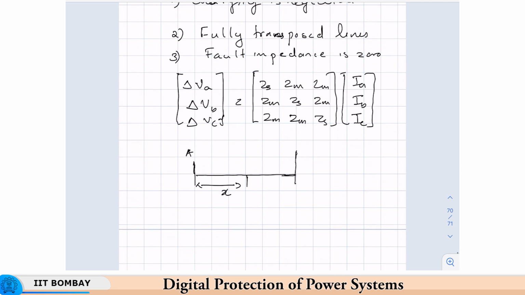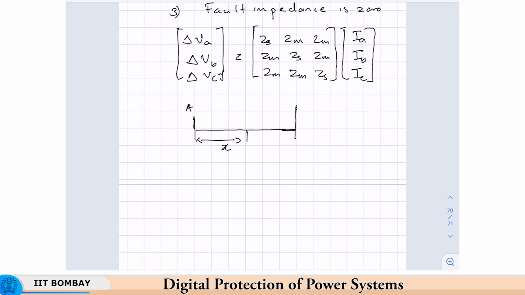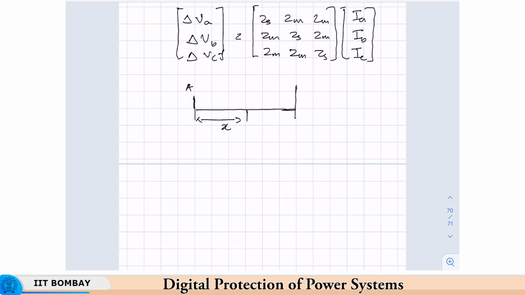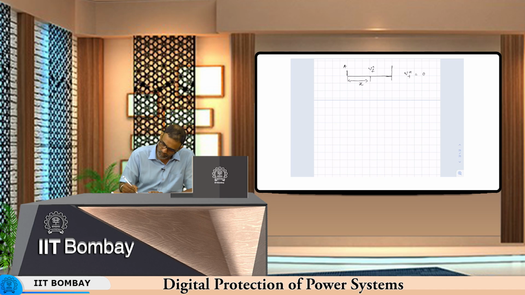You can, however, make a very detailed fault model, which we are not going to do in this course, but it would look something like this. These are individual impedances, and I'm sorry, there would be switches here also.